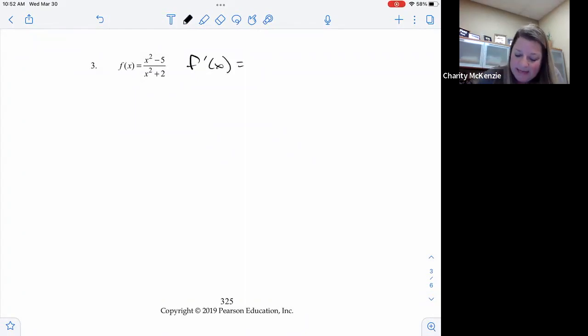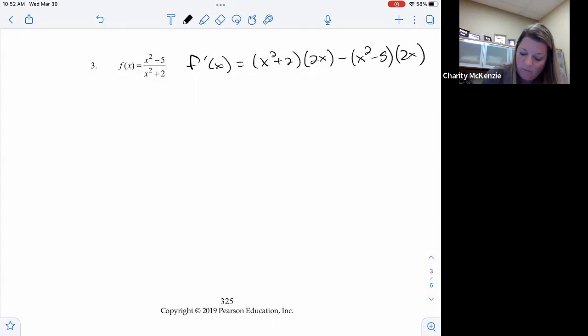The quotient rule says denominator, original, times the derivative of the top, which is 2x, minus the original top times the derivative of the bottom, which is 2x, all over the bottom squared. Can we say yuck? Yes, we can. Where does this thing equal 0?